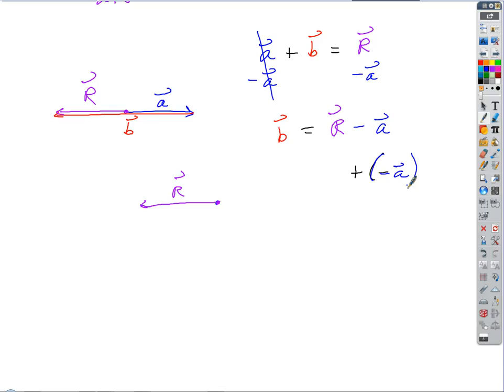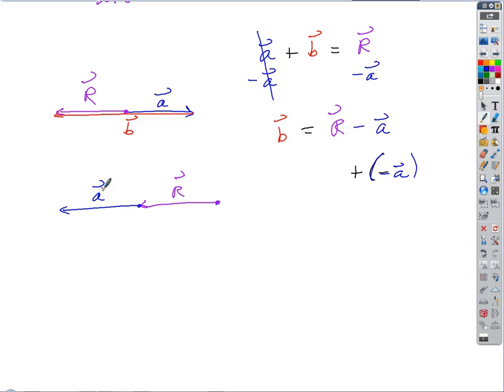So multiplying by -1 really just flips the vector around. So this is really the way we want to think about it. It's going to be R plus the flip of A, and that works, doesn't it? Because B was a big negative vector. See what I'm getting at?